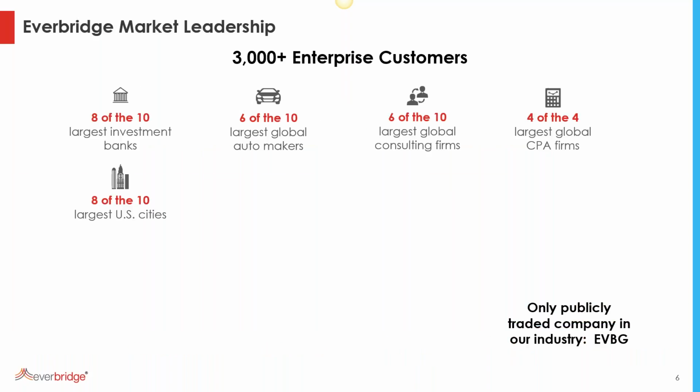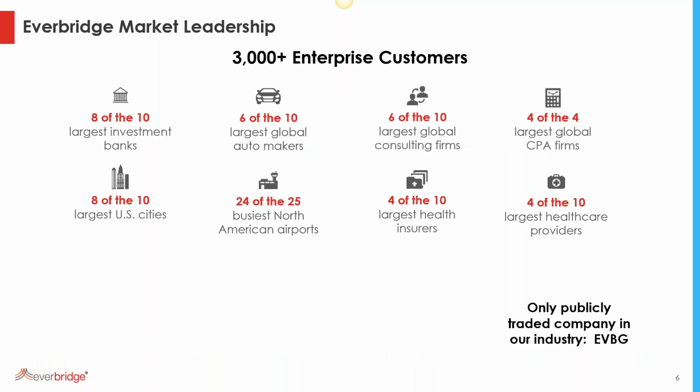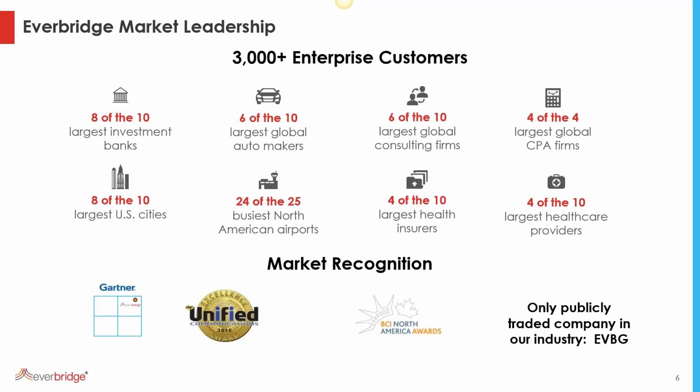Those are our products at a high level, and I would like to give you a quick view of our customers as well. As you can see, we have 24 out of the 25 busiest airports in North America, 8 out of the top 10 largest cities in the US, and lots of consulting and financial corporations, oil and gas, higher ed, investment banks, and healthcare providers.